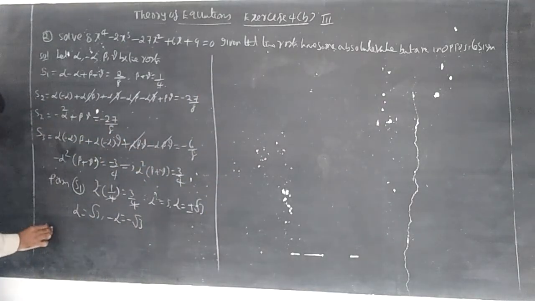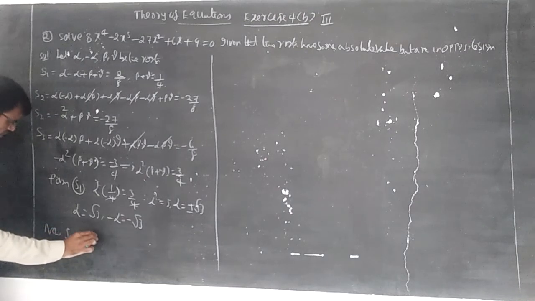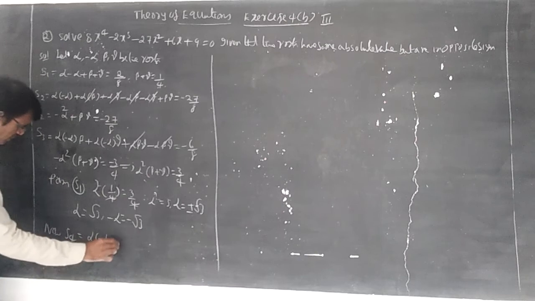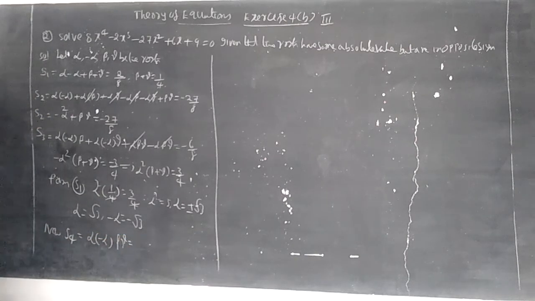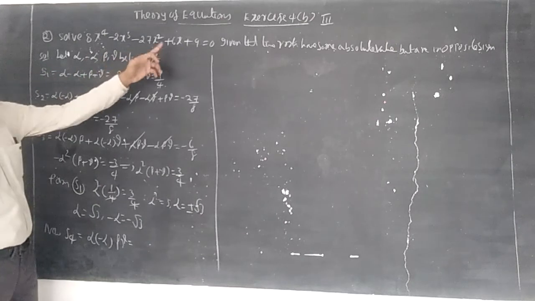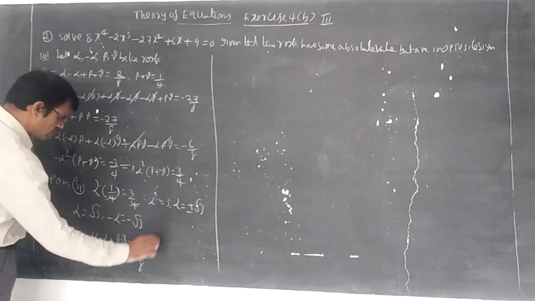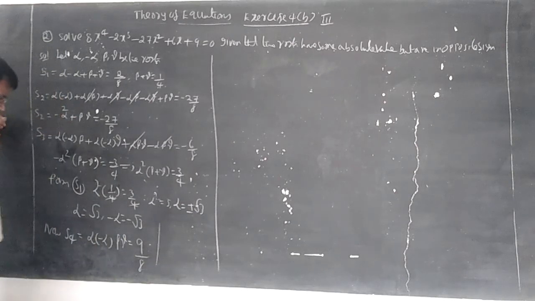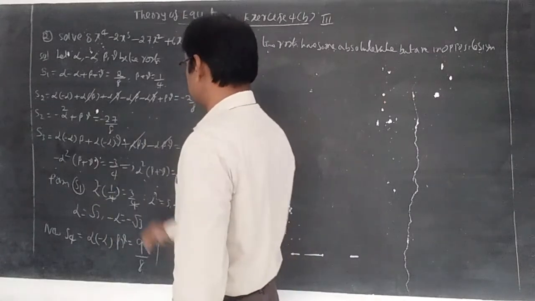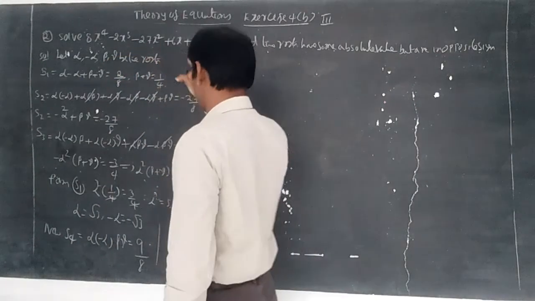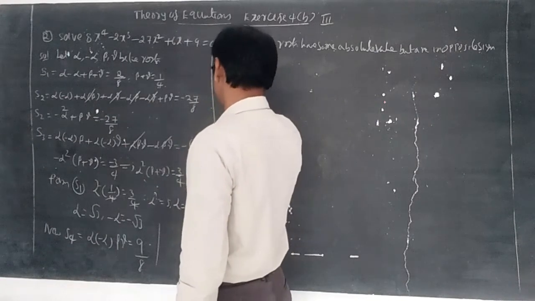Now S4 means product of roots. Alpha into minus alpha into beta into gamma is equal to the S4 value, which is 9 by 8. So minus alpha square, we got minus 3.